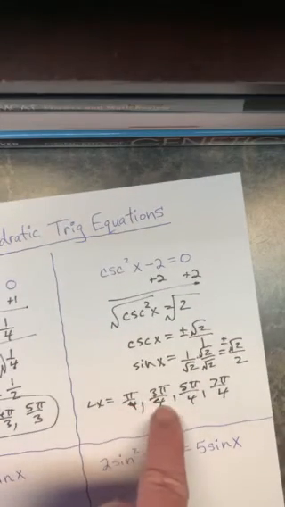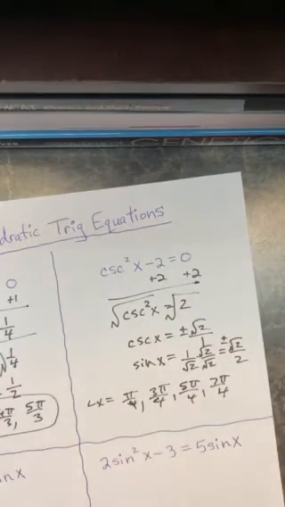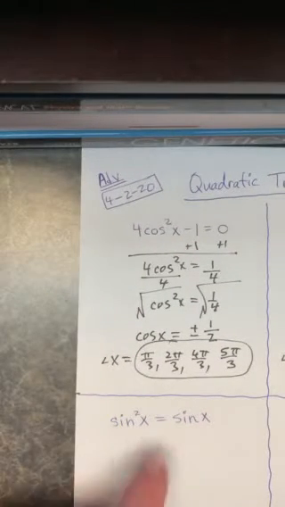Pi over 4, 3 pi over 4, 5 pi over 4, 7 pi over 4, all the pi over 4 values around that unit circle. Okay, 2 for 2 here. There's my answers.